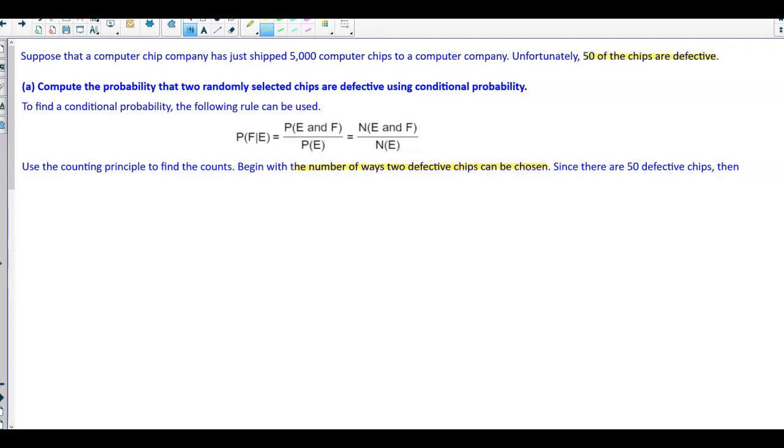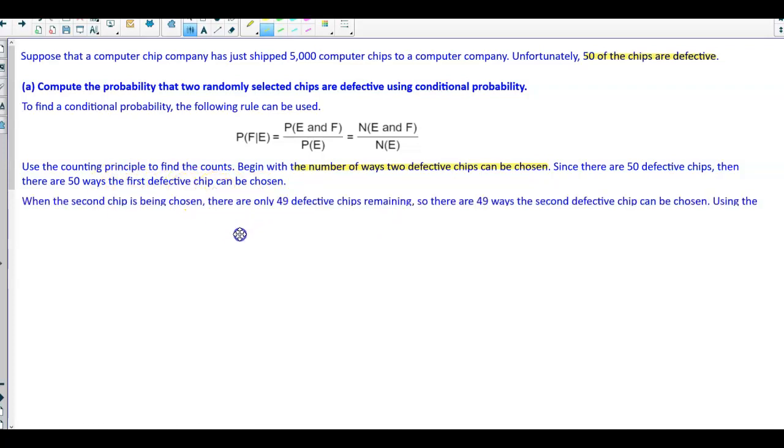If there are 50 defective chips, then there are 50 ways the first defective chip can be chosen. When a second chip is chosen, there are only 49 defective chips remaining. So we removed one. Therefore, there are 49 ways the second defective chip can be chosen.